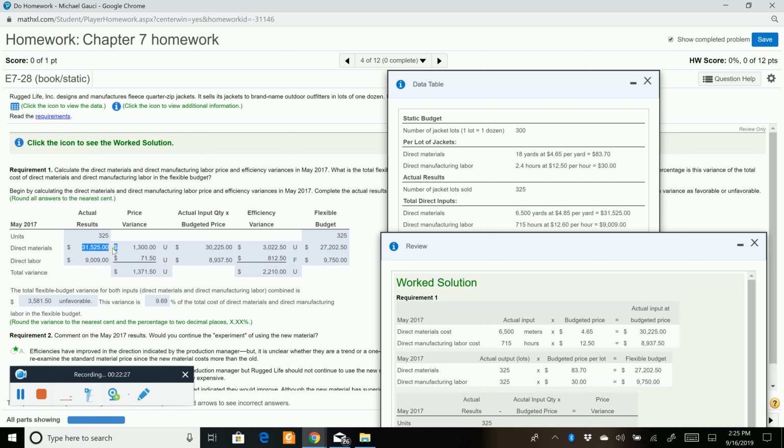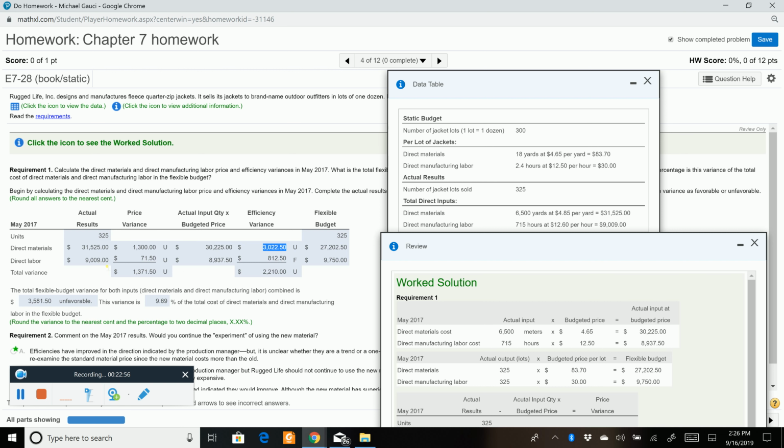Comparing the actual $31,525 to using the budget price, $30,225, when we use the actual price, it's higher. That's why it's an unfavorable variance. Now compare column 2 to column 3. You can see when we use our actual quantities, it came in higher than when we use our standard quantities. Therefore, it's an unfavorable variance.